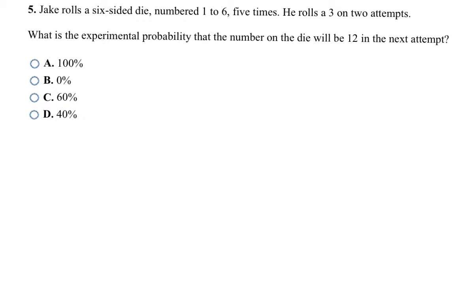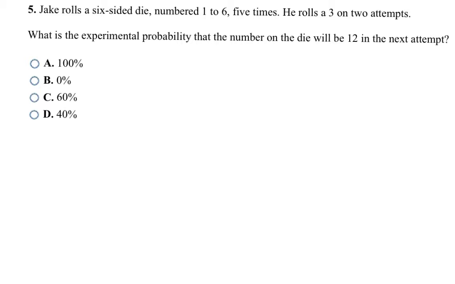This question says Jake rolls a 6-sided die numbered 1 to 6. So that means on every side there's either 1, 2, 3, 4, 5, or 6. And he rolls that 5 times. On 2 of those attempts, he rolls a 3. So what is the experimental probability that the number on the die will be 12 in the next attempt?